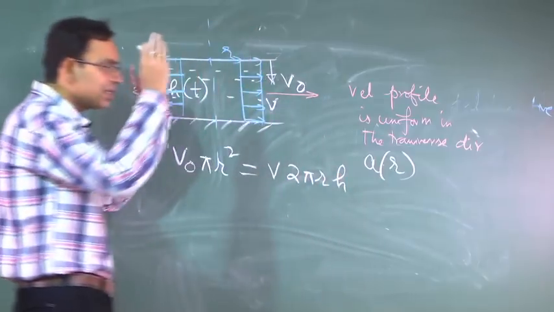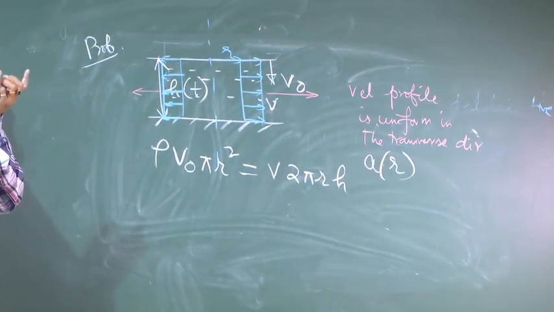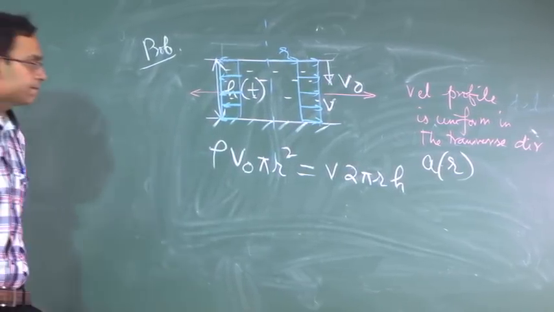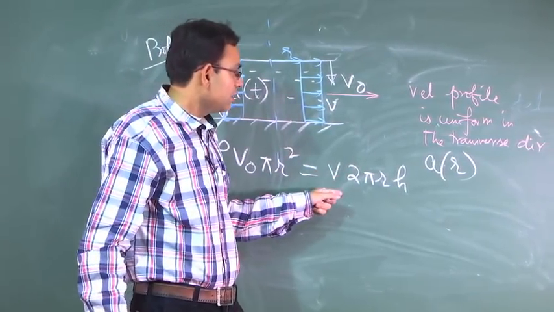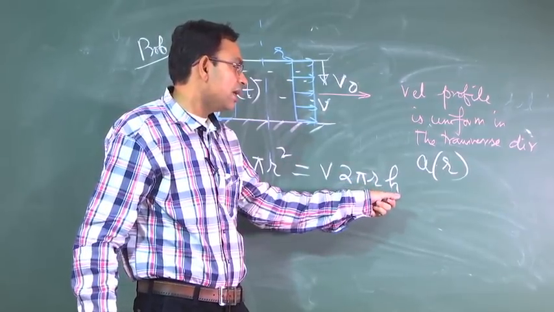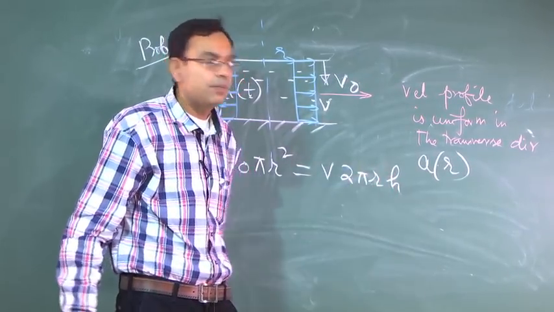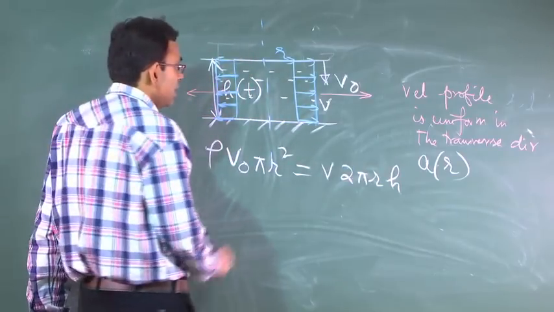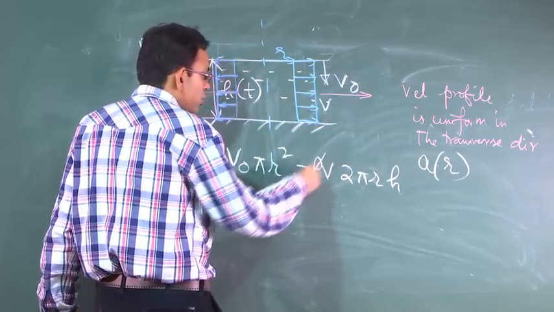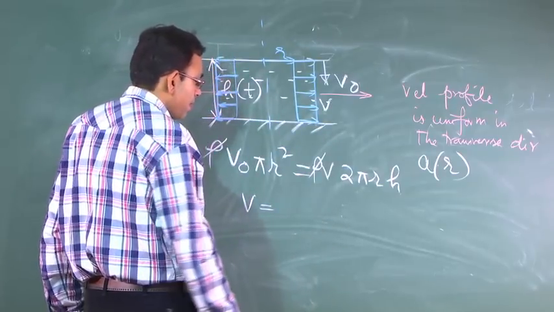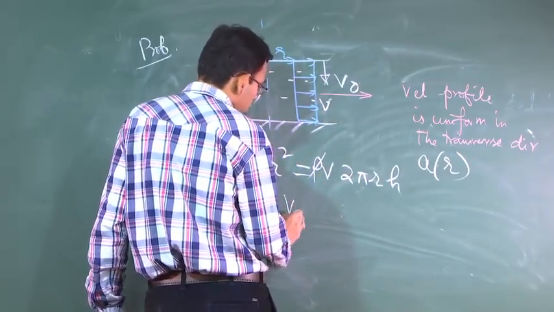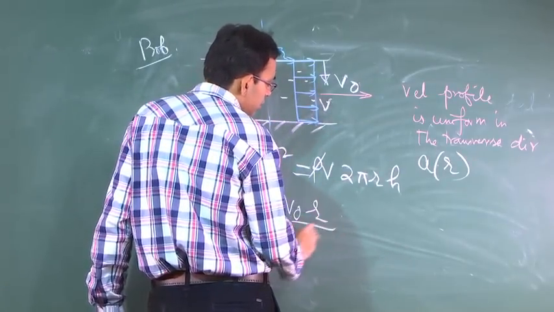This is an imaginary cylindrical space across which the fluid is moving radially outwards. So, V is a function of r etc. into 2 pi r h, where h is a function of time. So, the expression for this V, there is a rho here and this rho is the same. So, you have V equal to V0 r by 2h.